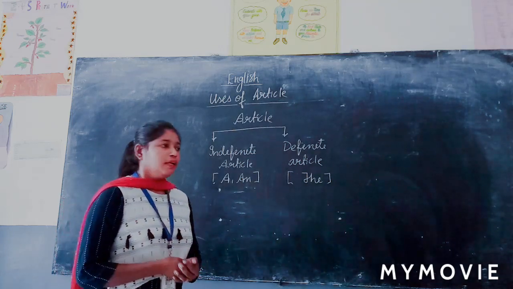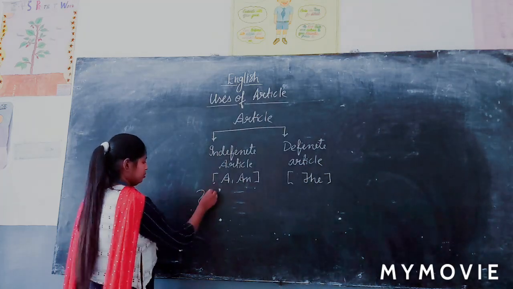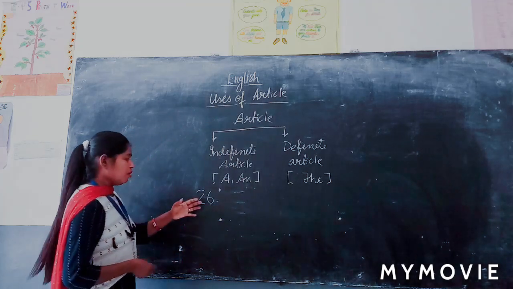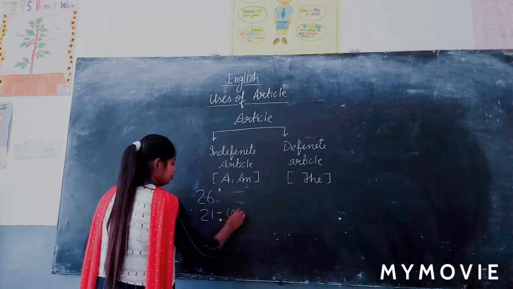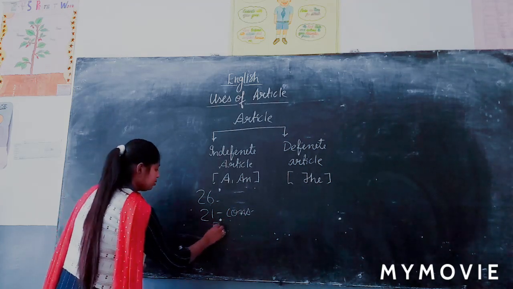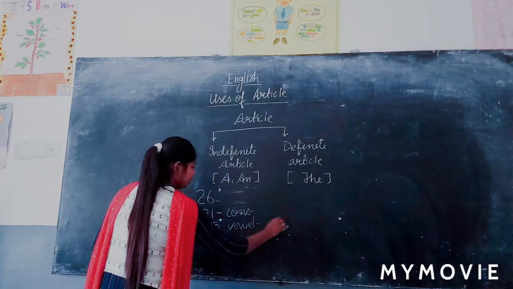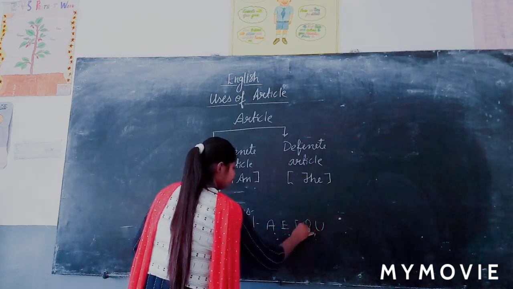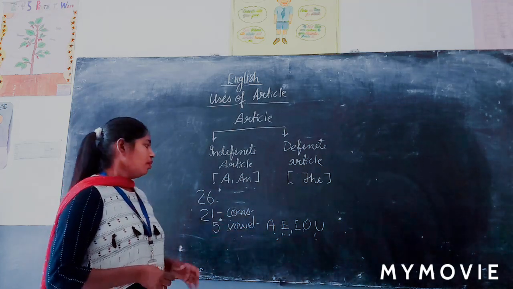Basically, we know that there are 26 alphabets in English. Among the 26 alphabets, 21 are consonants and 5 are vowels: A, E, I, O, U. These are vowels.